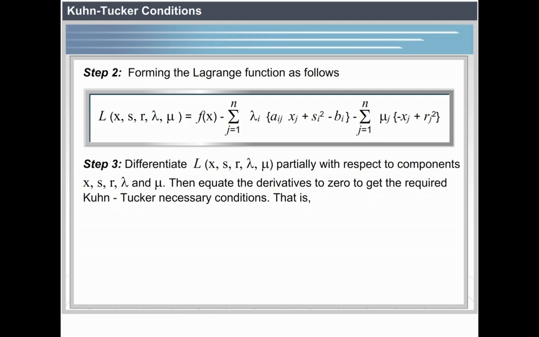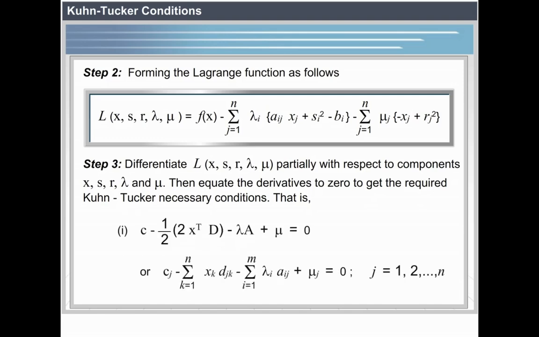That is, number 1: c − 1/2 x^T D − λA + μ = 0, or c_j − Σ_{k=1}^{n} x_k d_jk − Σ_{i=1}^{m} λ_i a_ij + μ_j = 0, j = 1 to n.